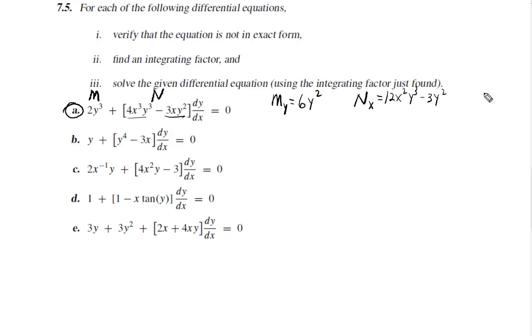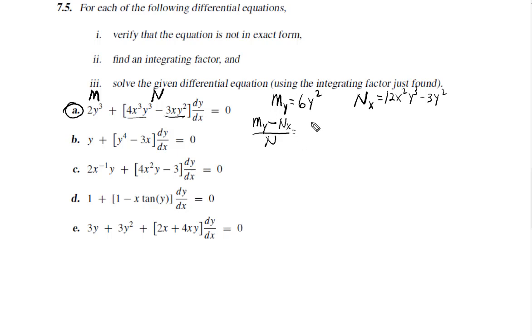Now we could possibly have to look at two different combinations to get this into exact form. One is, how about if we do the partial of M with respect to y minus the partial of N with respect to x, divided by N. Now if we can make that come out to be a function of x, then we can find an integrating factor.